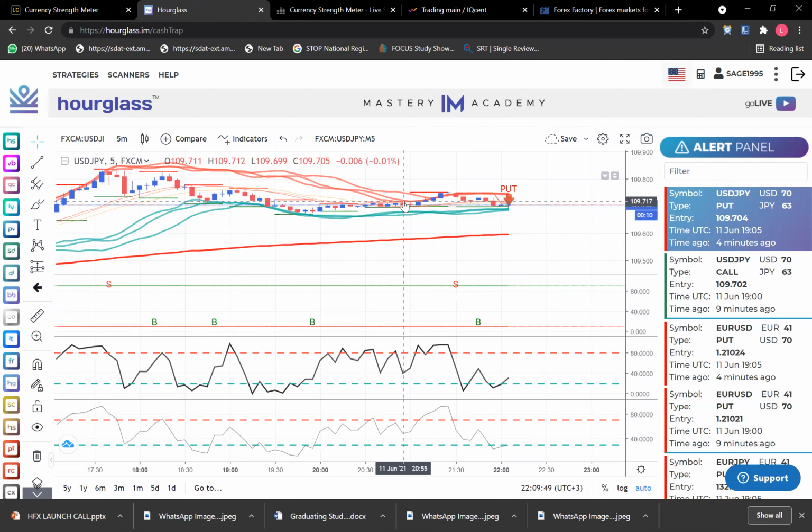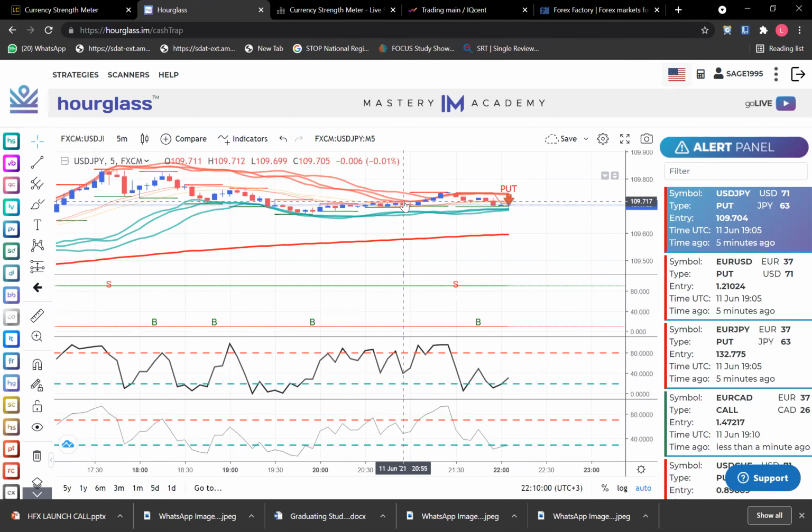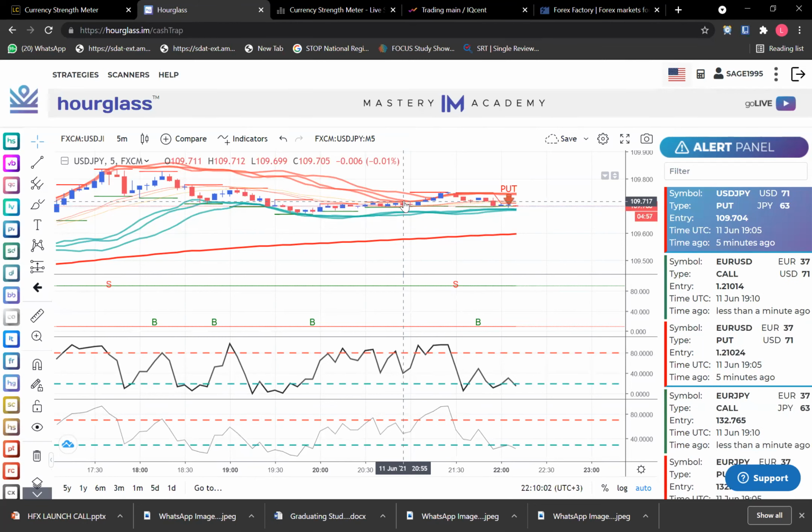Now, like I said, if you're in a buy trend, that buy arrow signifies 1 point.